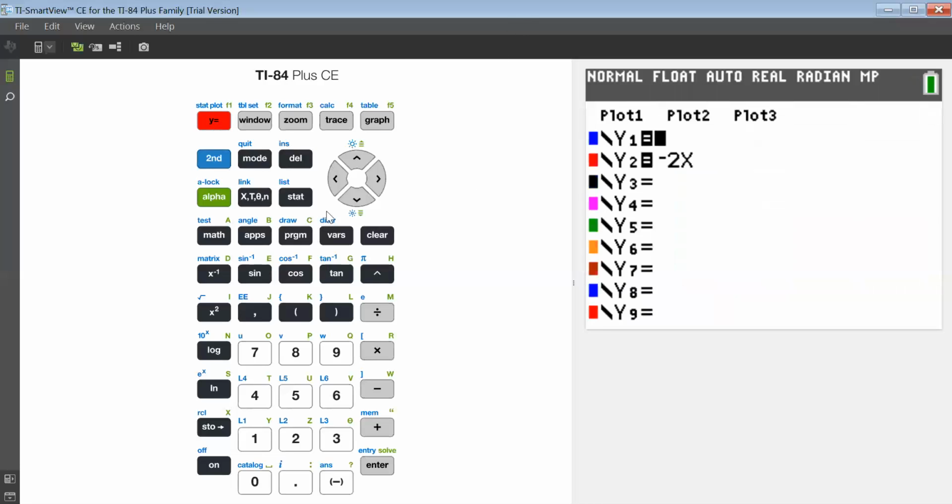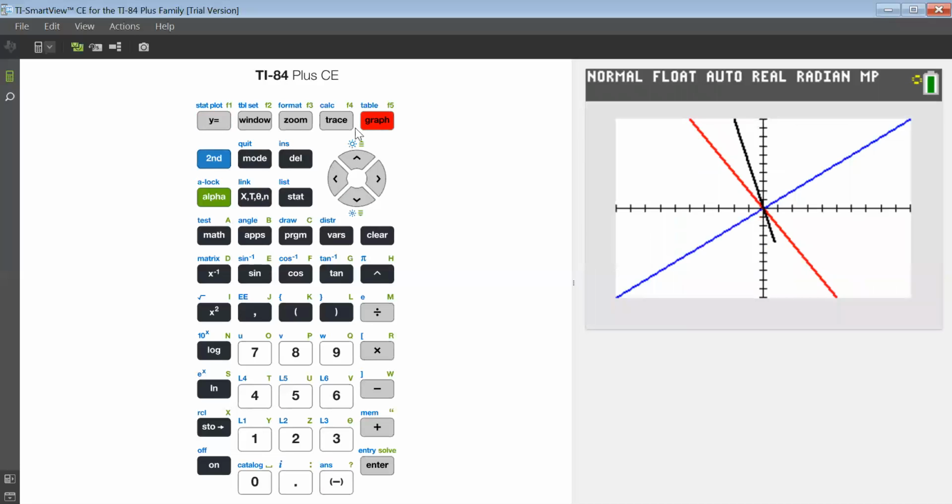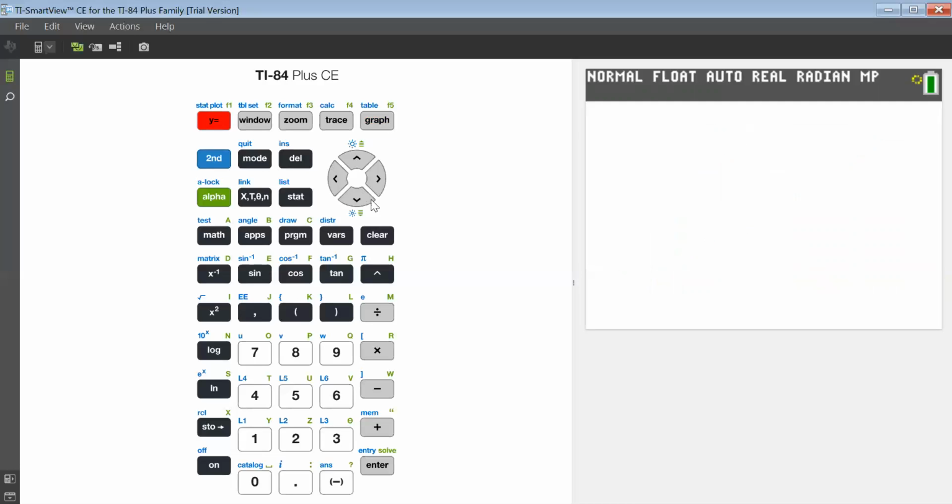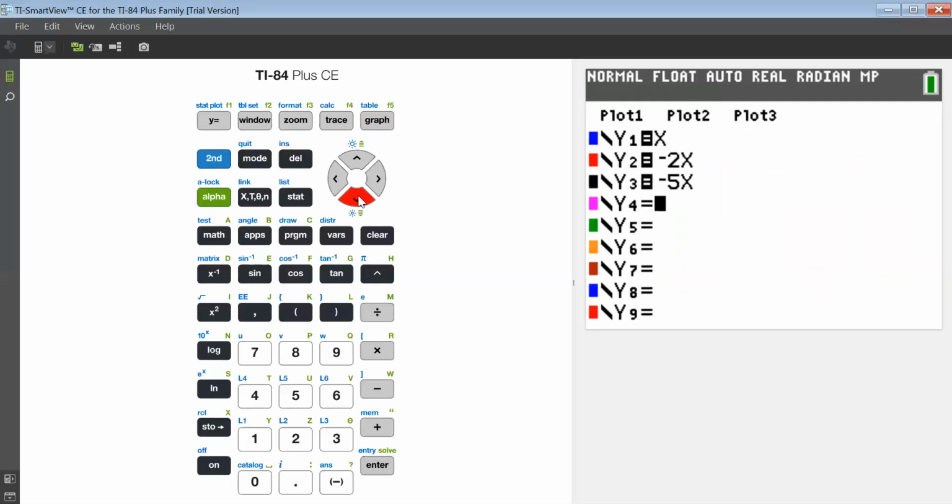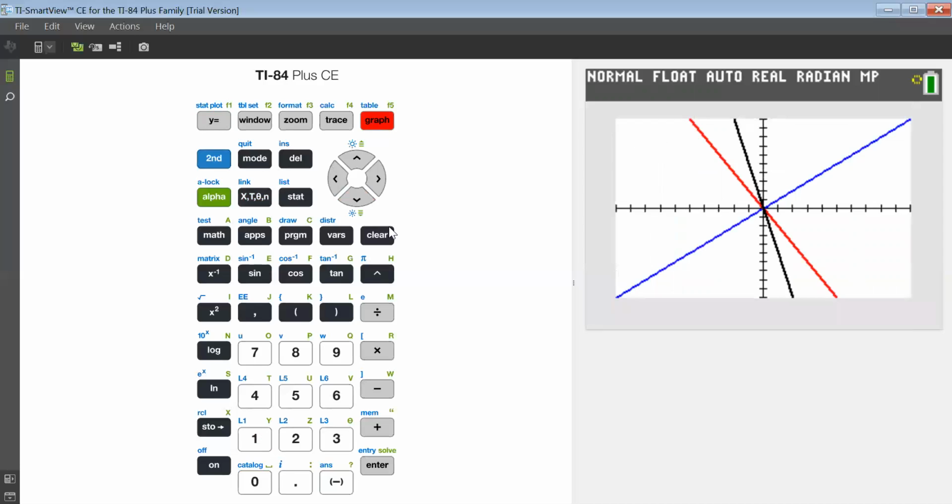So let's do another one, and we notice that if it was -5x, it should be very similar to the last example we looked at. It's getting steeper, it's just that it's negative. And then one more, if we go with -10x, we notice that it's going to be even more steep, but still negative.